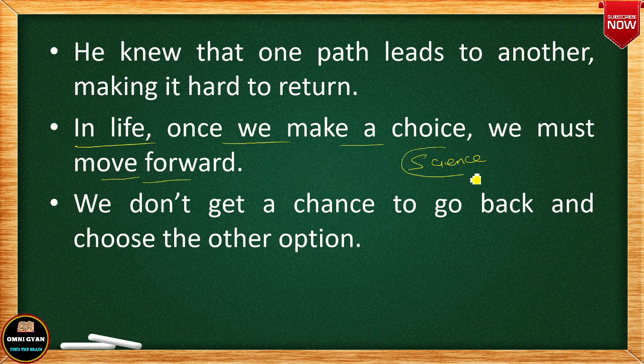But while studying science, you feel that you have to work so much hard here that it is not possible to return back to arts now. Similarly, we have to make choices. When we have fixed a decision, we must stick to the decision and we must move forward. There is no coming back.